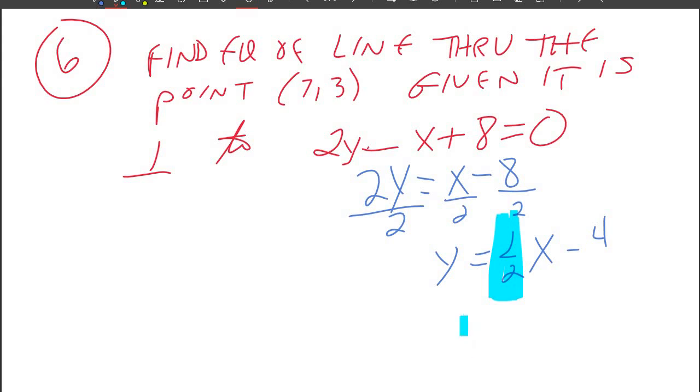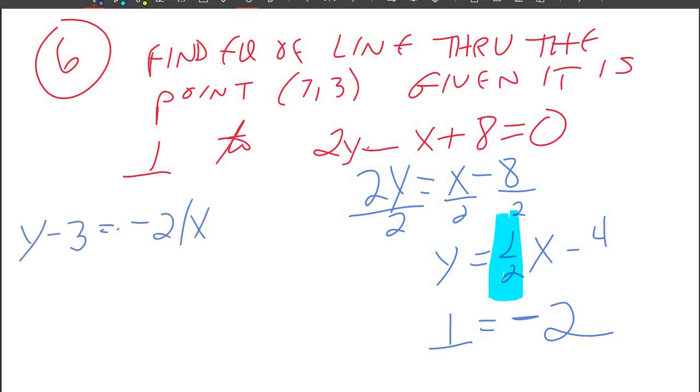But I want the perpendicular slope, which would be -2. So you find the slope of the given line, and then you decide whether it's parallel or perpendicular.